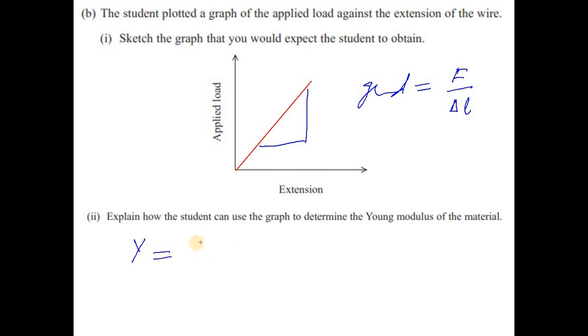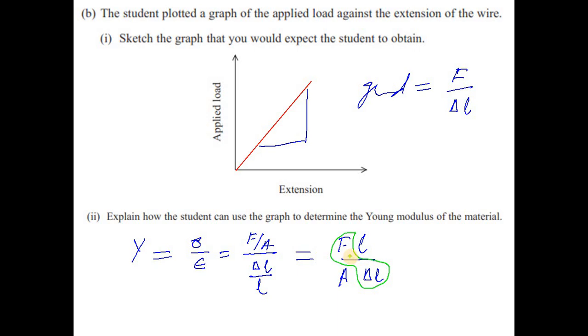force upon area, or stress over strain. That means force divided by area, over delta L over L. This is extension. If you simplify this, the Young modulus would be equal to FL divided by A delta L. Clearly you can see that this F over delta L is the gradient.